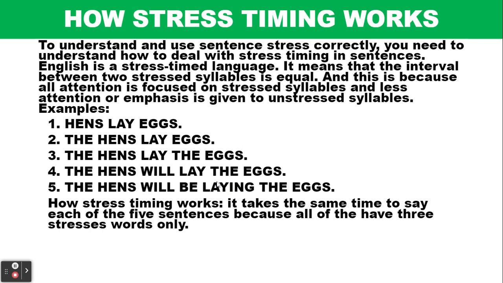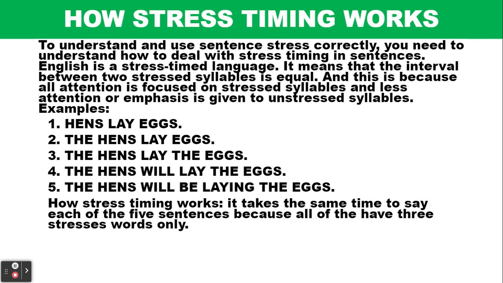It's the same time to say each of the 5 sentences because each of them contains only 3 stressed words. The words that are stressed in each of the sentences are hens, lay, eggs. Now, what we can do is try to time it by using the rhythm.